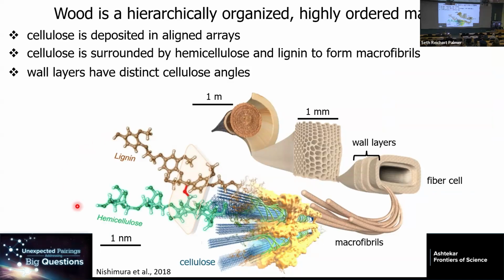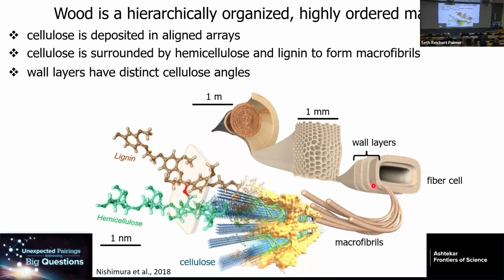So again, zooming into the nanoscale, we have things like cellulose and hemicellulose and this waterproofing material called lignin that wraps around that cellulose and hemicellulose and makes the wood very tough and resistant. And this is all organized into what are called macrofibrils.